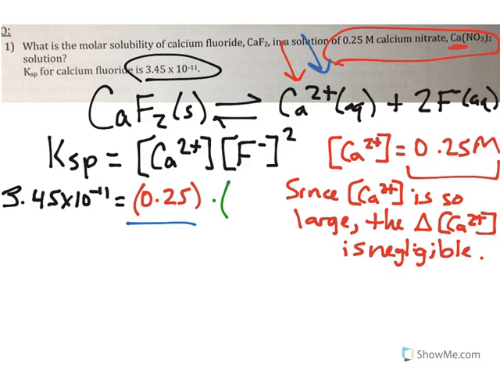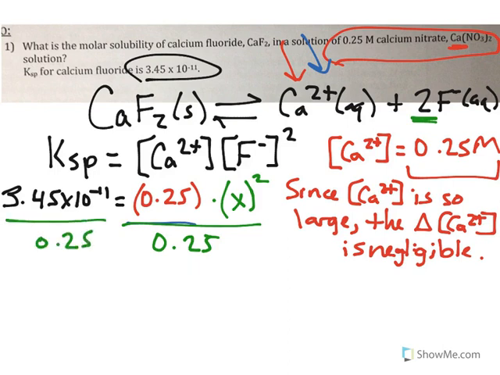But that brings us to our fluorine concentration. Well, we don't know that. You can call it X, you can call it 2X, and I understand you might call it 2X because there's 2 here. I would just call it X to simplify the algebra. And don't forget to square that. So now we will have to divide both sides by the 0.25 to get the x squared by itself.